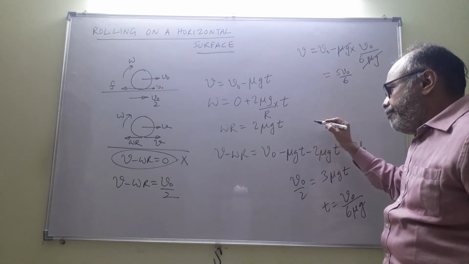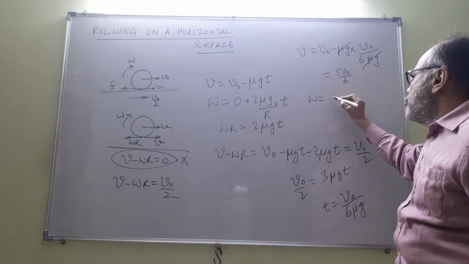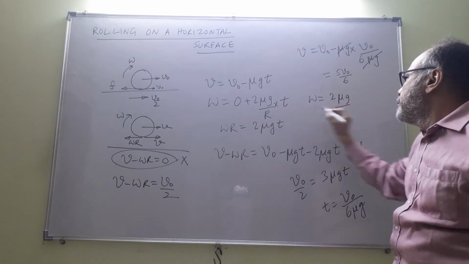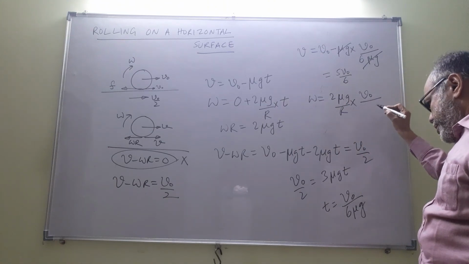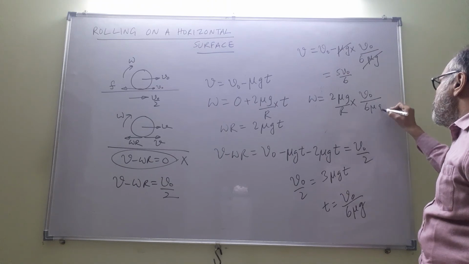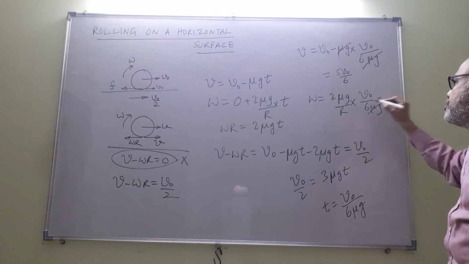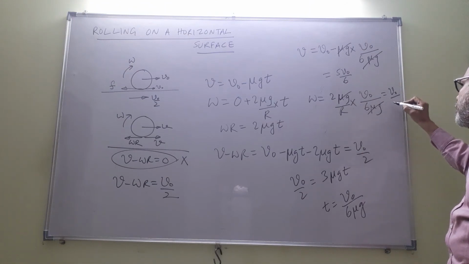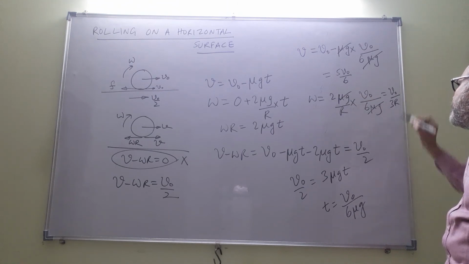What is omega? Omega is 2 mu g by r into t. t is nothing but v naught by 6 mu g. So mu g cancels and you have v naught by 3r.